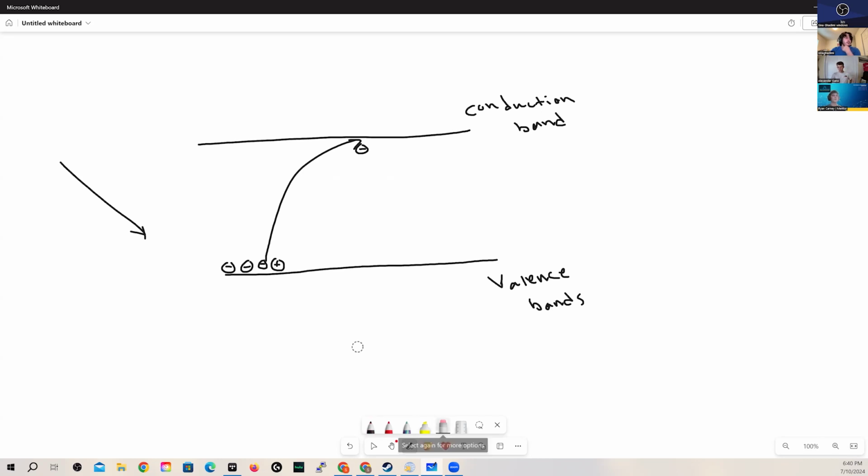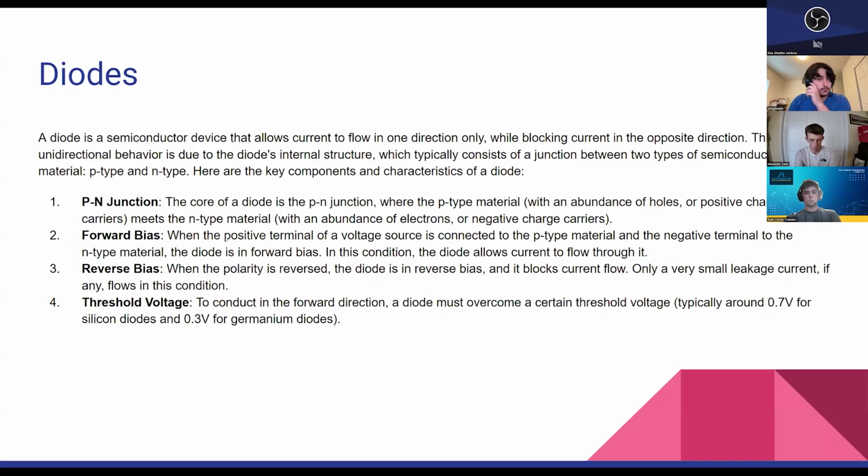To keep it short and informative, the p-n junction is that. In a semiconductor, p is the holes and n is the electrons. Any questions about this?